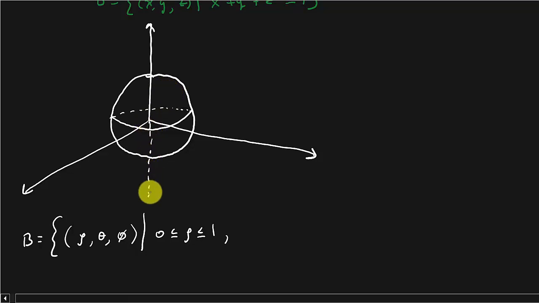What's happening here is we rotate it. Remember, phi is rotated off the positive z-axis. We're rotating this sphere, and it just goes from 0 to pi, and then we rotate it around the z-axis with theta.